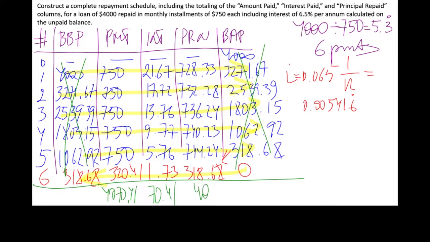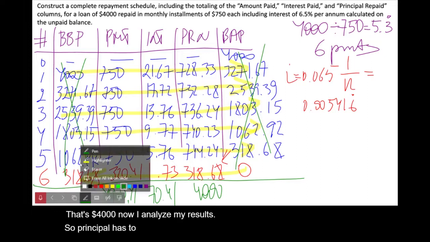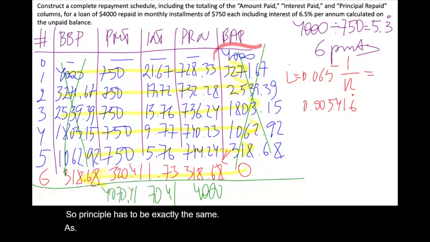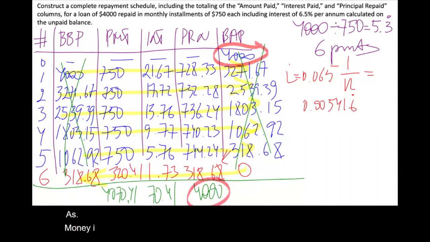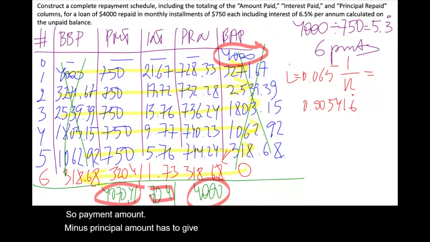That's $4,000. Now I analyze my results. Principal has to be exactly the same as the money I borrowed, the amount I borrowed. Payment amount minus principal amount has to give me the interest amount. And all numbers match, so I did a good job.